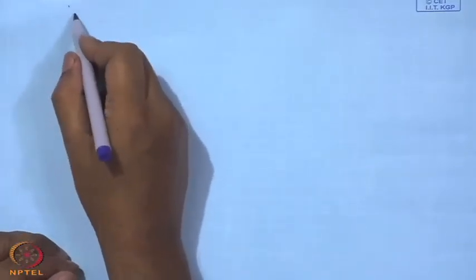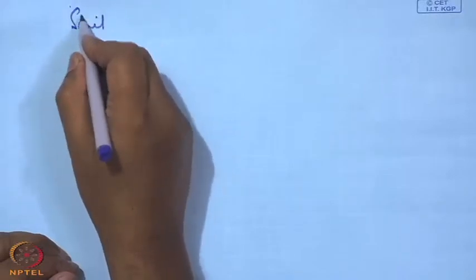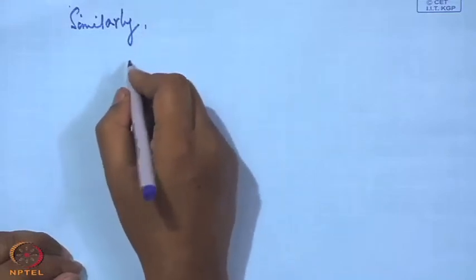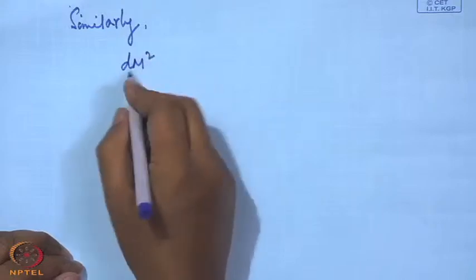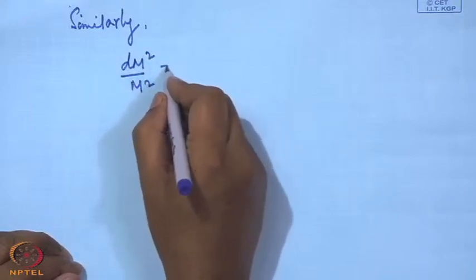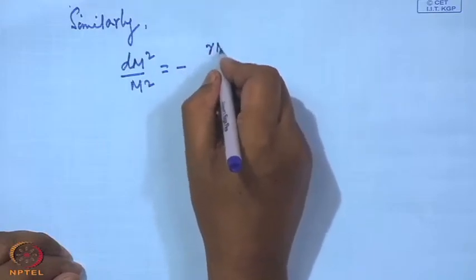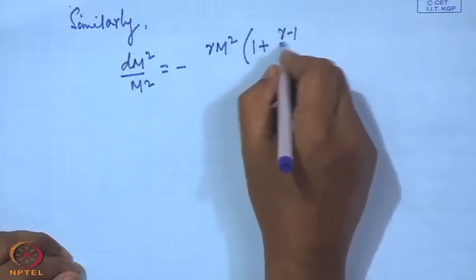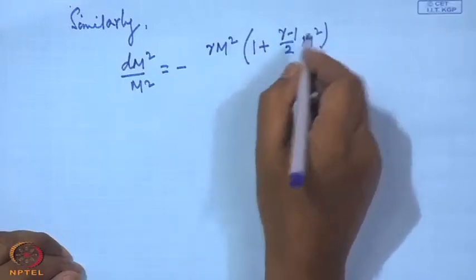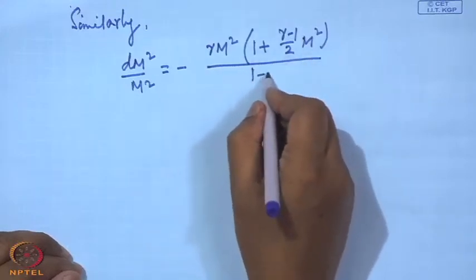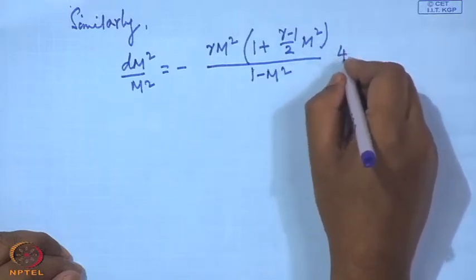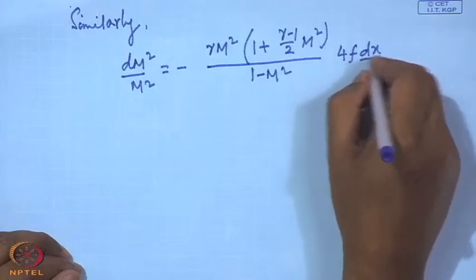Similarly, we can use various relations to obtain d M square by M square equals minus gamma M square into 1 plus gamma minus 1 by 2 M square divided by 1 minus M square into 4 f dx by d.